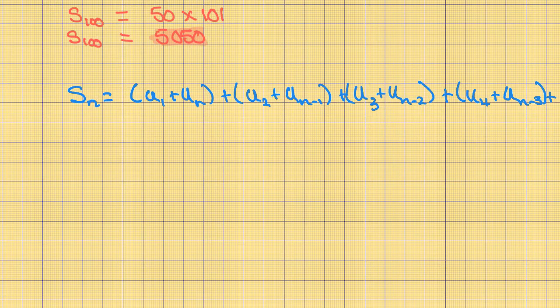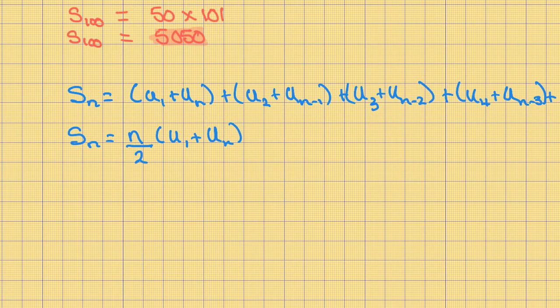So how many pairs do we have? Well, we have half as many pairs as we do terms in the sequence. So we can say Sn is equal to n divided by 2. Because all these pairs are the same, we will just use the first pair, which is u1 plus un.